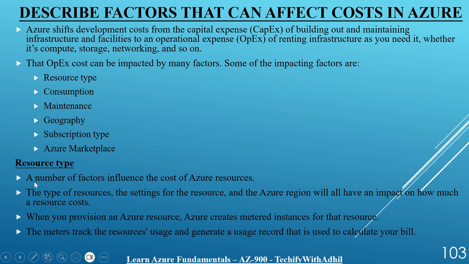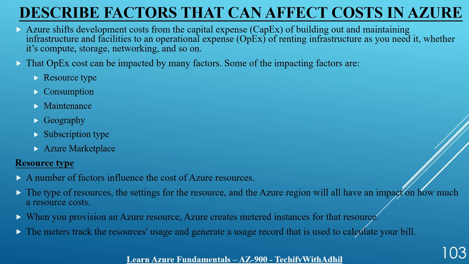So the resource type. A number of factors influence the cost of Azure resources. The type of resources, settings of the resources, and Azure region will all have an impact on how much a resource costs. In my previous video, for those who have viewed it, and if not, you can go check it again, we had a lab session on creating a resource. In that video we saw how to create an Azure resource.